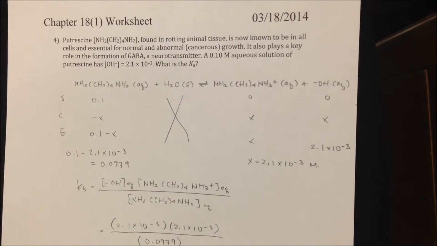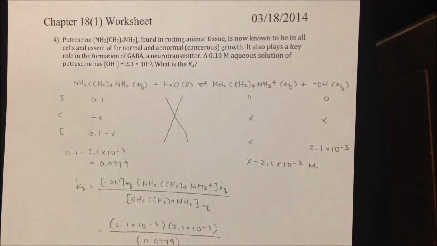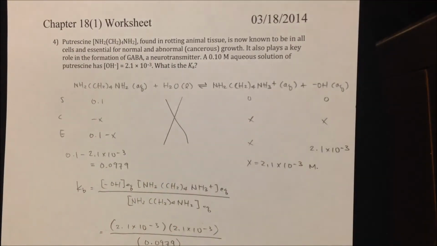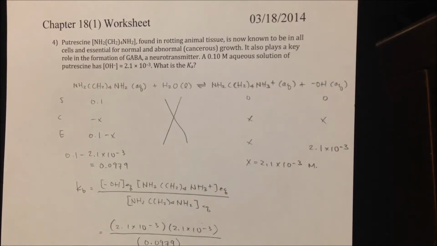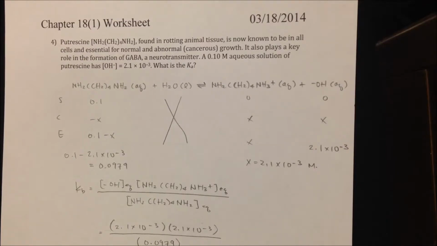So base plus water, and you get a conjugate acid, and you see that little plus sign over here, and you get OH minus. Now we know at the beginning we have 0.1 mole per liter of your chemical that's found in rotten animal tissue.